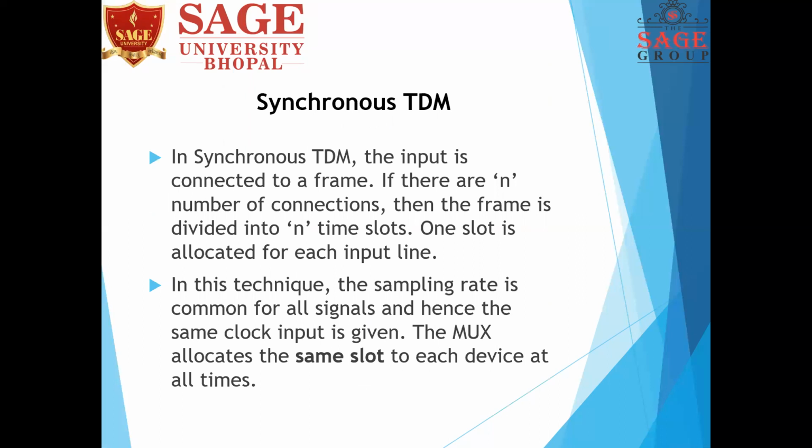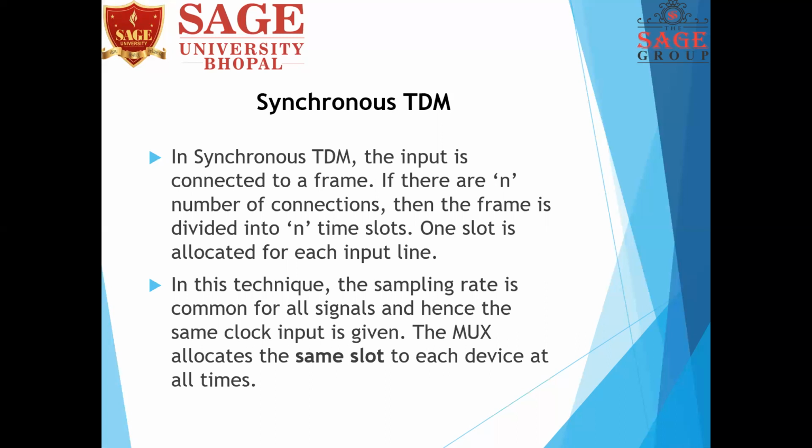Synchronous TDM is known for defined time. Each slot is defined in time, and one slot is allotted for each input line. The sampling rate is common for all signals, and hence the same clock is given, and the mux, known as the multiplexer, allots the same slot to each device at all times.